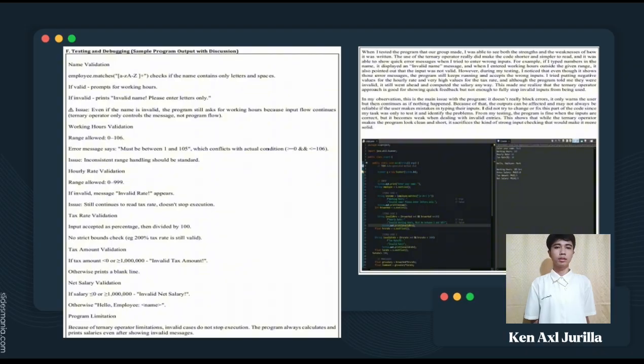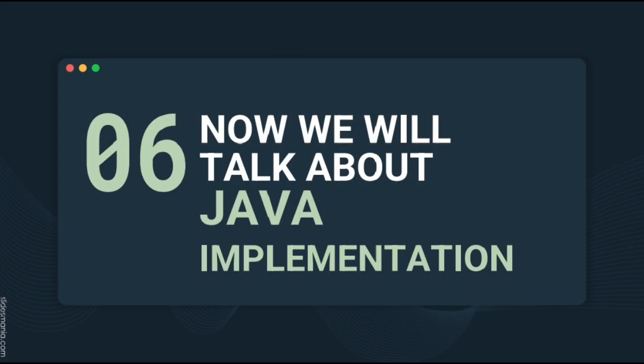Then, tax amount equals gross salary times tax rate. Lastly, net salary equals gross salary minus tax amount. Our output will be employee name, working hours, gross salary, tax amount, and net salary. Also, if there's an error, there should be a warning message that is related to tax.